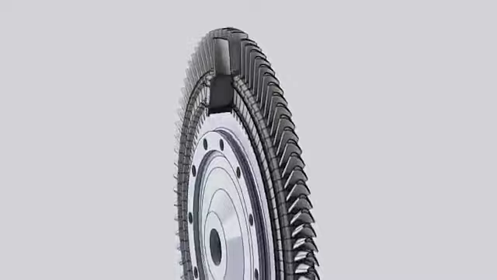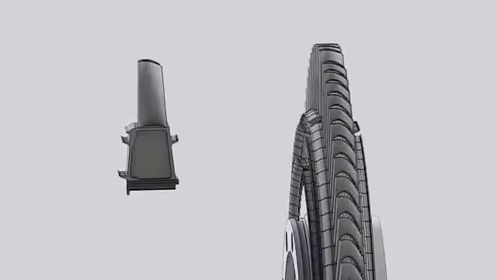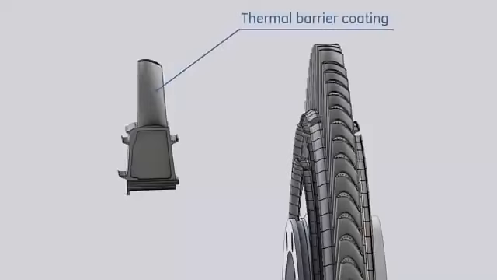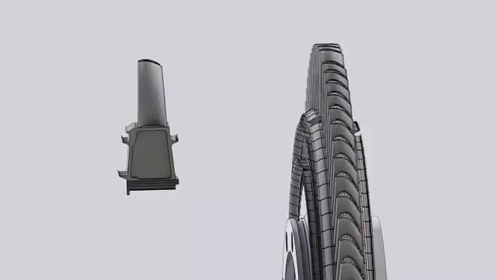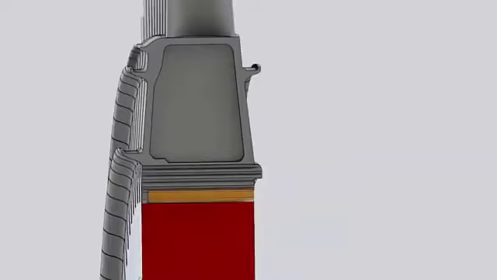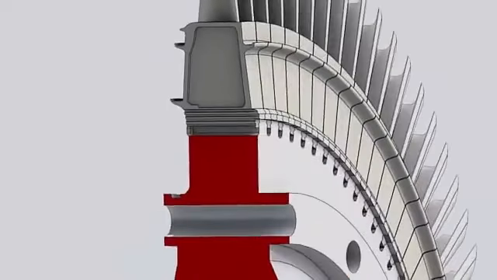Like the next 2 stages, buckets can be disassembled without rotor removal. Being the first part then encountered by the hot gases leaving the first stage nozzles, these buckets are protected by thermal barrier coating from outside and air-cooled from inside. When the bucket is attached to the wheel, a small air plenum is formed in between.